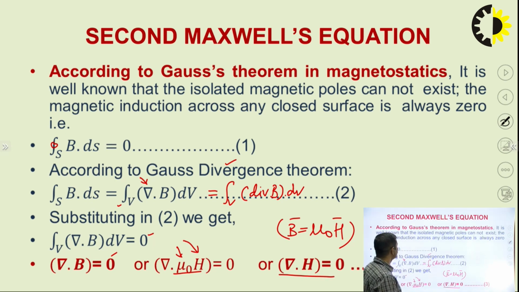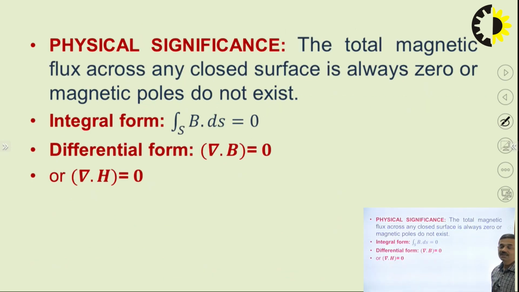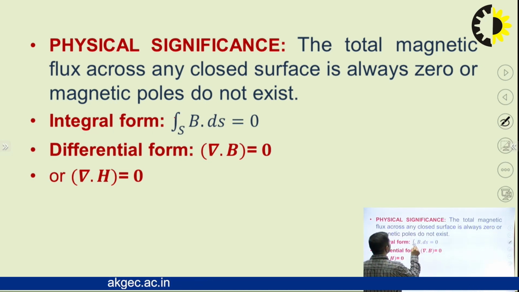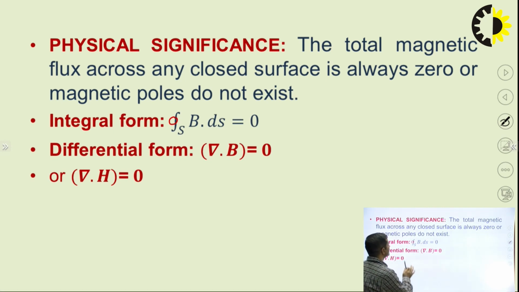So again, by using Gauss divergence theorem, we find the differential form of Maxwell's second equation in terms of the B vector and H vector. Now we can write the physical significance of Maxwell's second equation simply by seeing this equation, Gauss law in magnetostatics, which is B dot ds over a closed surface S equal to 0.